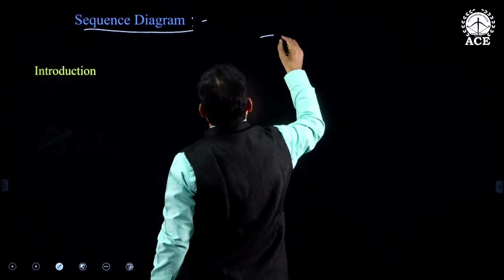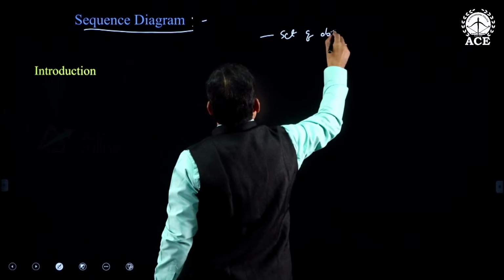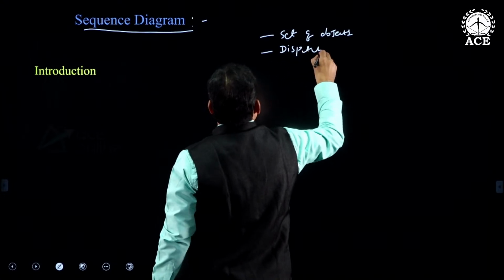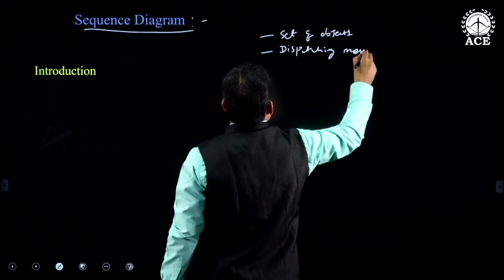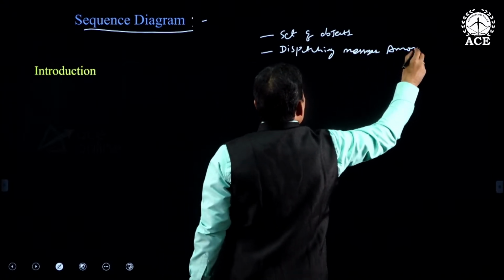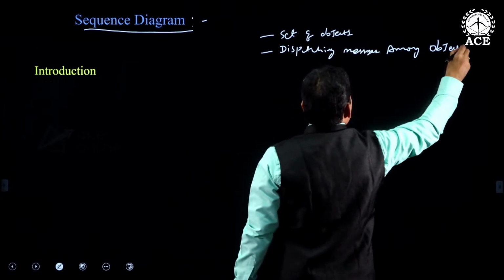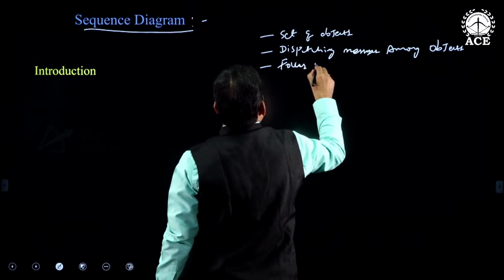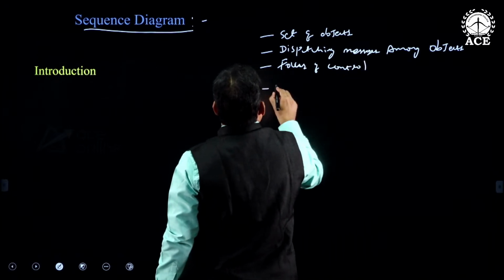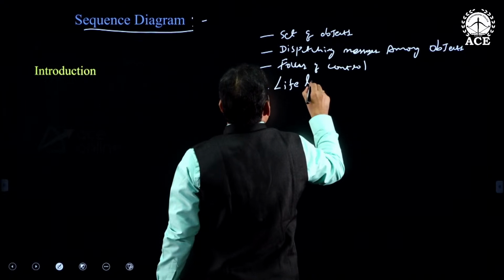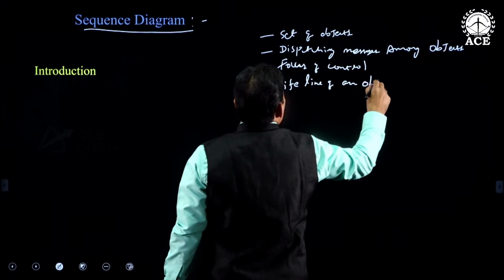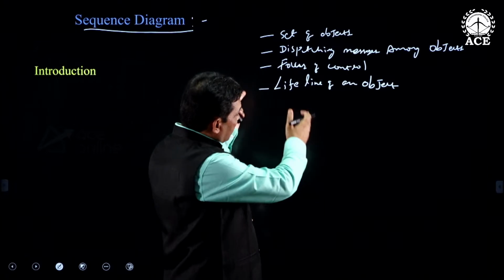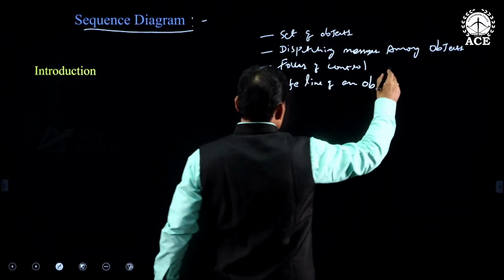What this sequence diagram consists of, we'll see here. Any sequence diagram consists of a set of objects, dispatching of messages among objects, focus of control, and lifeline of an object.